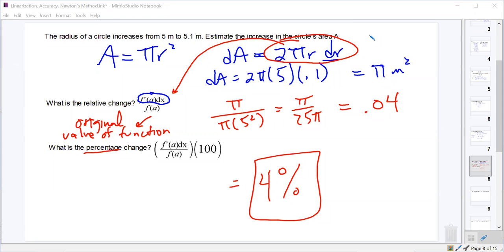F prime of 5 in this case, and then times the amount that it changes. So it's like the second part of your linearization formula, right? F prime of a times x minus a, sort of.